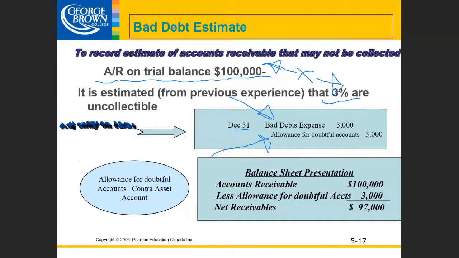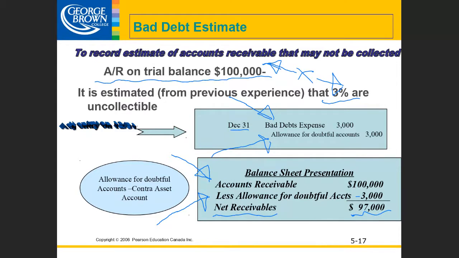On your balance sheet, it'll show the full value of your accounts receivable, and it will show the value of your allowance for bad debts or doubtful accounts. If you subtract the two, it gives you your net receivables of, in this case, $97,000. So that's what you anticipate being able to collect.